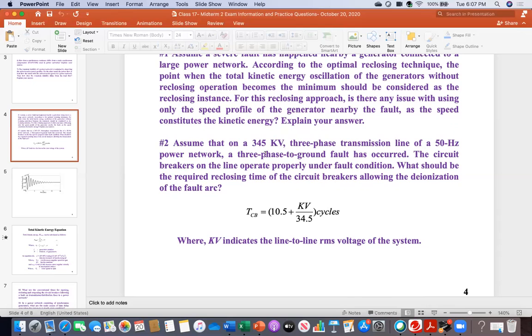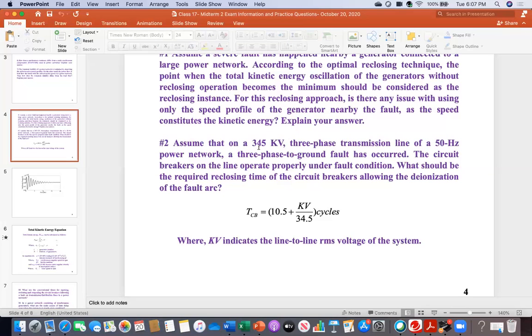This means that, as we are discussing, this is an empirical formula for the circuit breaker reclosing instant. You must wait until that time, 0.41 second. You must wait until that time. So what you need to do, you see in the equation there is kV.